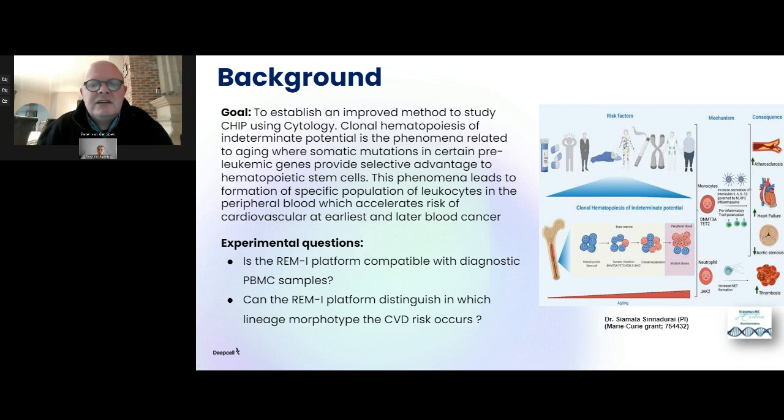And we're going to do that with Shyamala Sinadurai, who did a Marie Curie study for 4 years in Poland, where she set up a huge biobank and has studied the implications of these DNA methylation mutations.